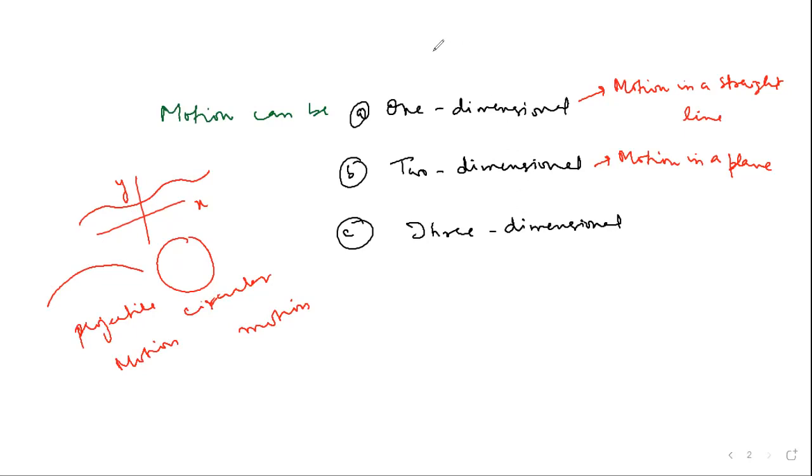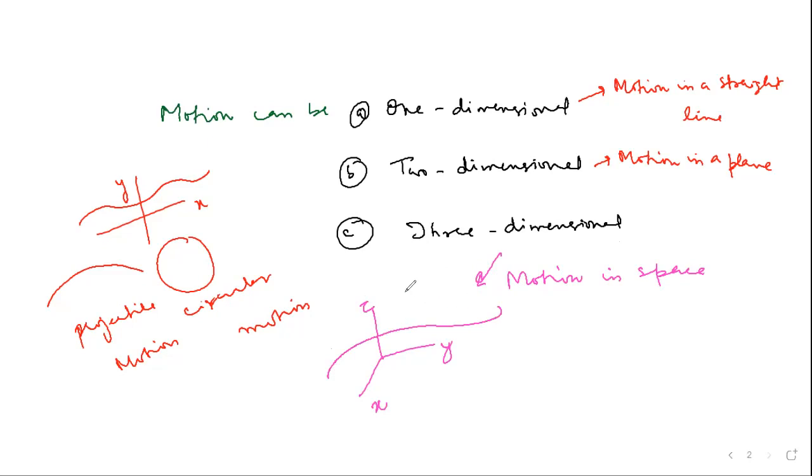Then you have three-dimensional motion, which is motion in space. You know that space is three-dimensional: X, Y, and Z. So if the body moves in space, then the body will be moving in a three-dimensional curve.